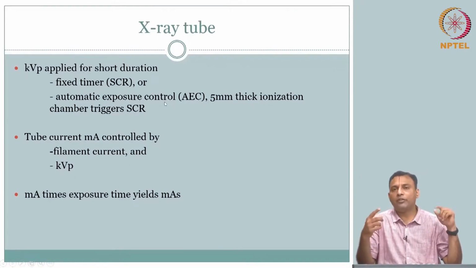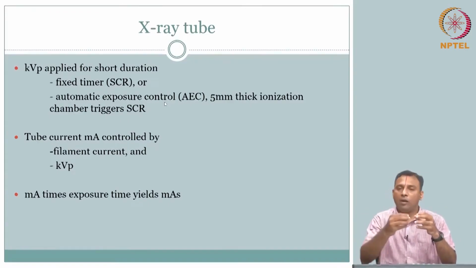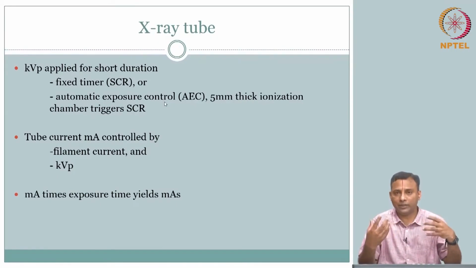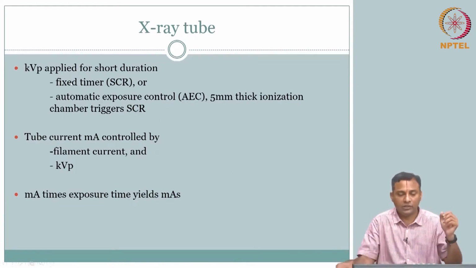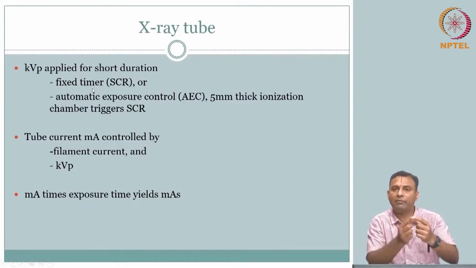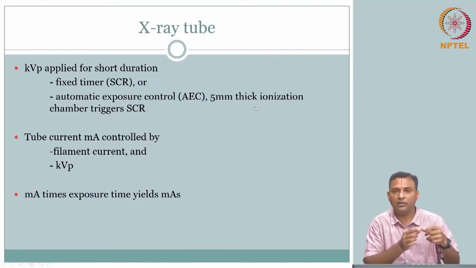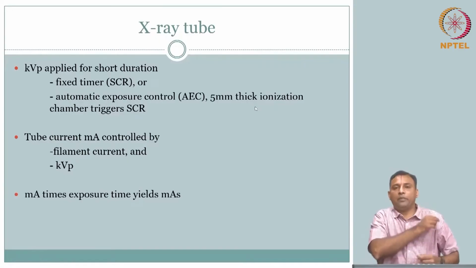So, now recall the definition of exposure. Oh, we have air, the amount of ionization that happens in a controlled volume of air, right? We talked about that as exposure, the ionizing capability, right? So, here what we can do is we could have that air chamber, right? So, you can have a 5 mm thick ionizing chamber that's kept along with the patient, right?